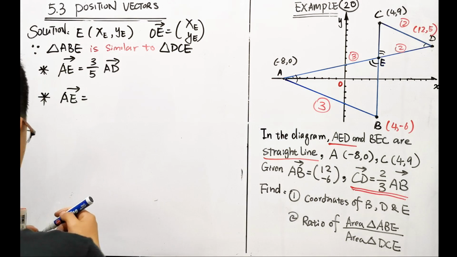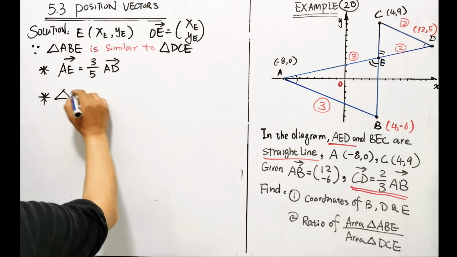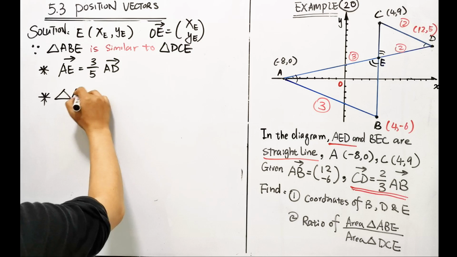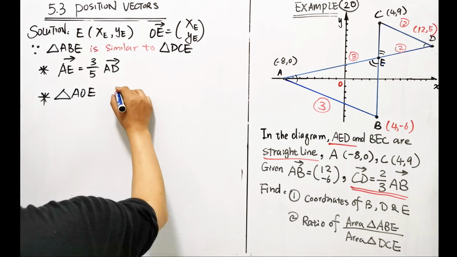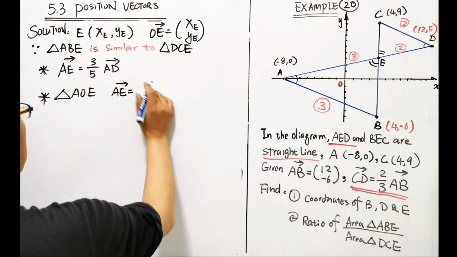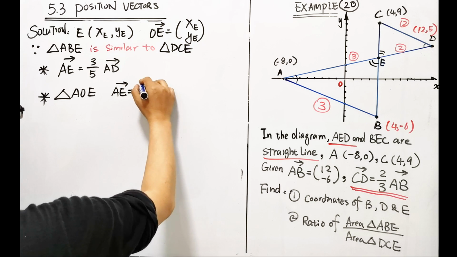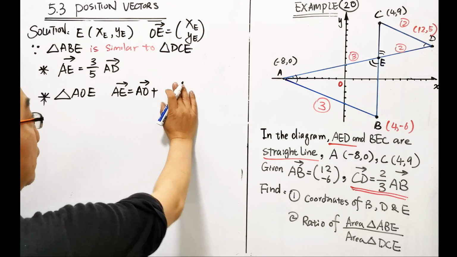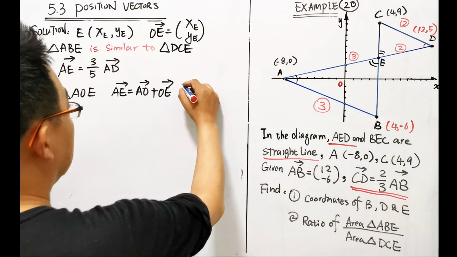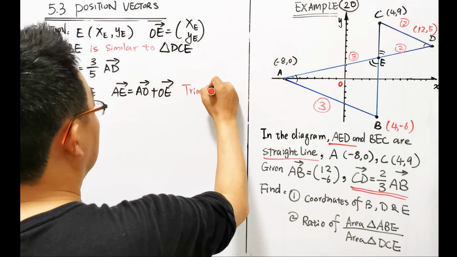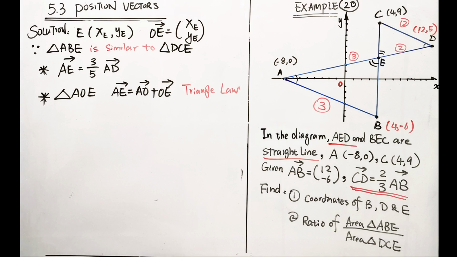In triangle AOE, what's AE? AE equals AO plus OE, right? This is the triangle law. Again, we are using the triangle law, right? So that is quite clear.